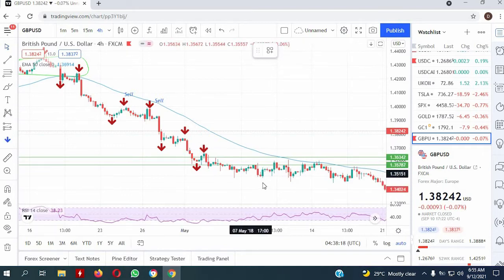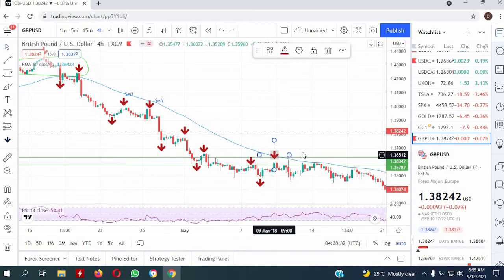Then the market creates a lower low right here, lower high right here, right? Then the market creates a higher high right here, which is higher than the previous lower high. So something is starting to happen in this area right here, right?